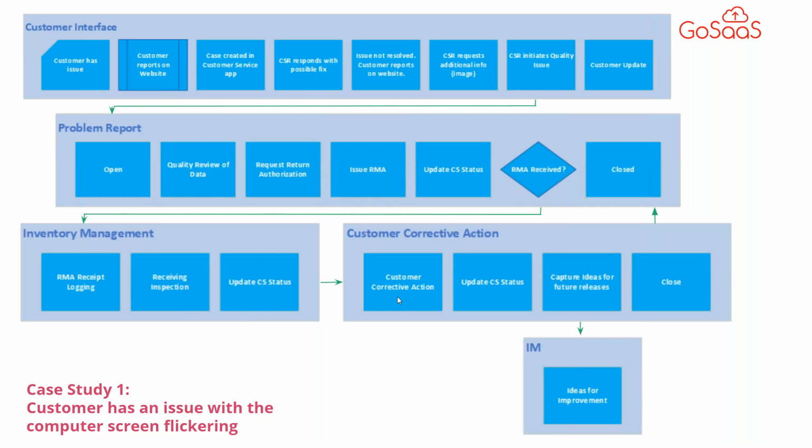We go to the next step, which is essentially a review and analysis of what's going on, and then a corrective action, if you will. They're going to fix the product and then send it back to the customer, updating the customer status so they know what's going on. At this point, the customer's pretty much done.